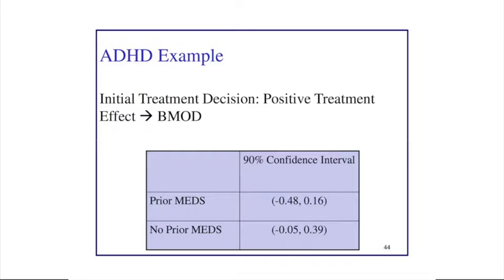The clinician looks at this and says, look, I believe that if a child hasn't been medicated before, they should start on behavioral modification. And this confidence interval is almost all in the positive range. So we're going to recommend behavioral modification.